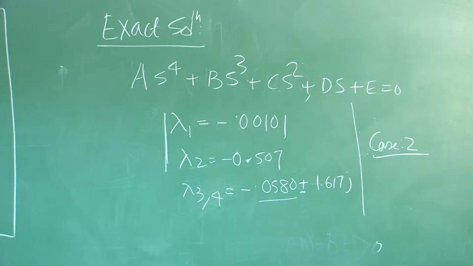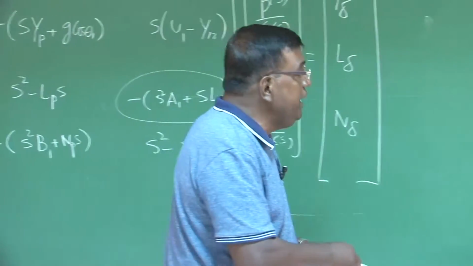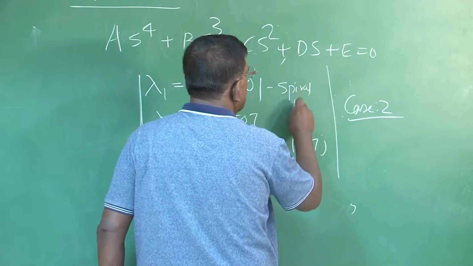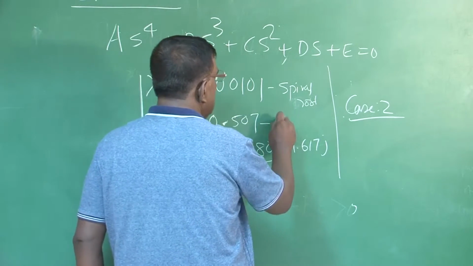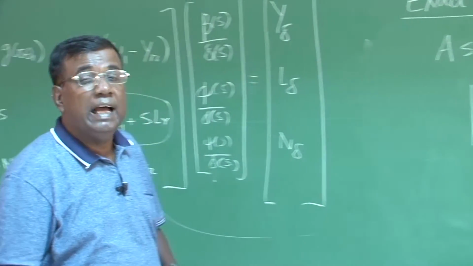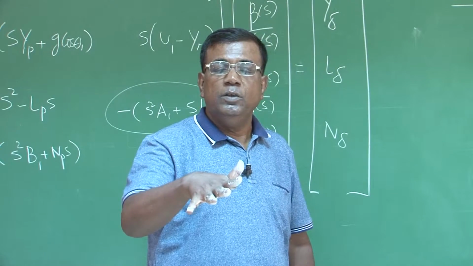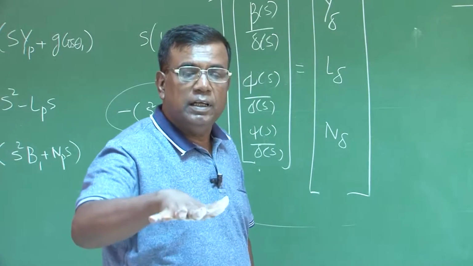Once I understand that, I need to understand what dynamic response I will be expecting. The first one is the weak root, and that is spiral divergence or spiral root. Second one is roll, which belongs to the roll damping, roll dynamics. That is, if I give an aileron input and withdraw it, it will come back. No oscillation, please understand.